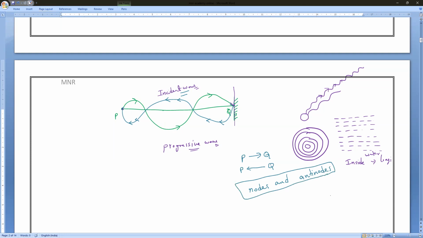When I was teaching the numerical, I told you about nodes and antinodes. When an incident wave moves towards a hard surface, after hitting it, the reflected wave overlaps the incident wave, and that leads to the points which we call nodes and antinodes.